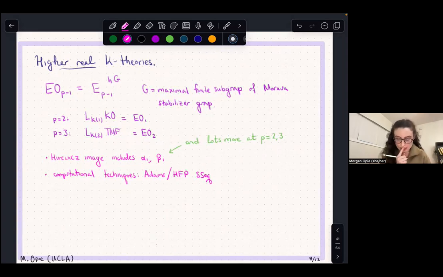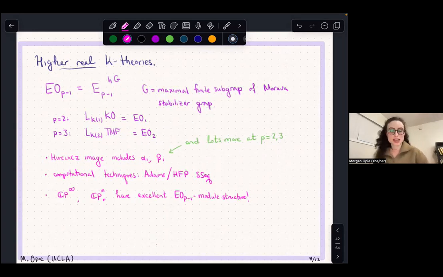We also have a lot of computational techniques, in particular for complex projective spaces. For either CP infinity or a stunted projective space, CP^n_r, there's a really nice description of the EO module structure of these spaces.